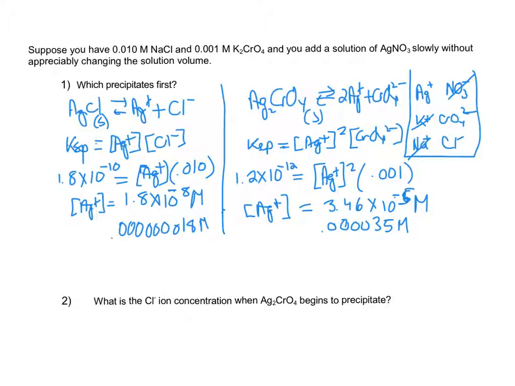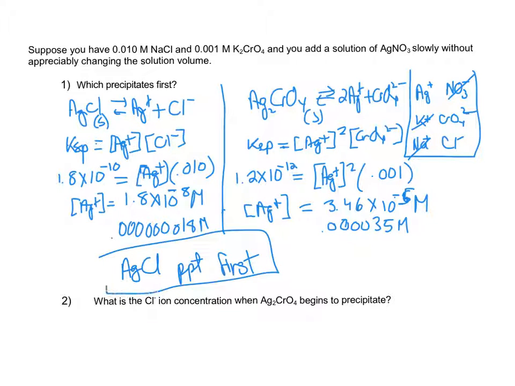So this would precipitate at this concentration or anything higher. This would precipitate at this concentration or anything higher. So which one would precipitate first? This one right here. AgCl precipitates first. Because I only need very, very little of it before it starts precipitating. With the silver chromate, I can keep adding until I reach this before it will precipitate.